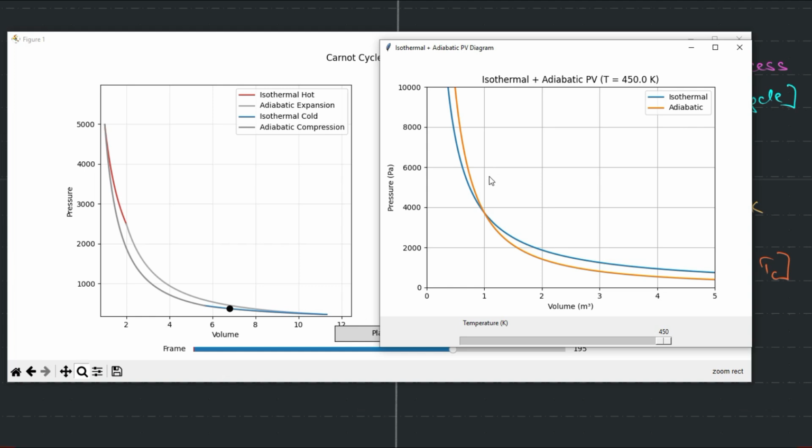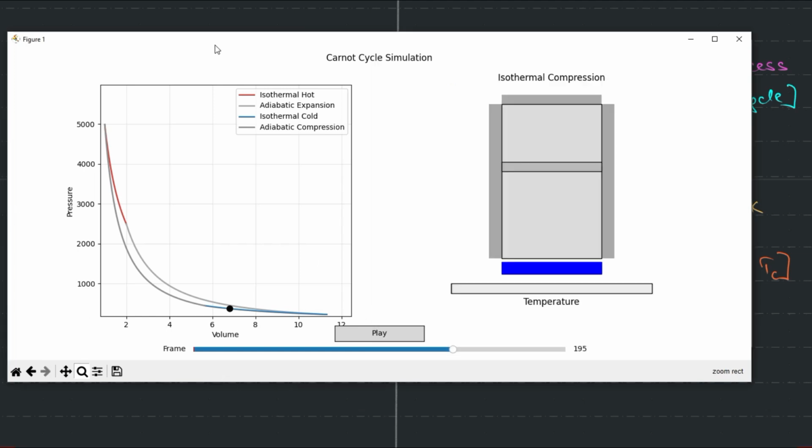For a given temperature, your isothermal is above the adiabatic. Of course, in adiabatic, the temperature varies, so it will not remain the same, but I just wanted to show you that isothermal is above adiabatic, and all of this put together, you end up with this graph.